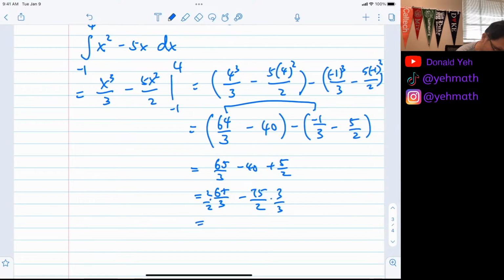So that is equal to 6, and 130, right? So 130. And this is 6, this is 210, so 225.